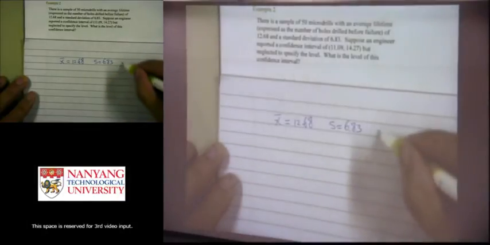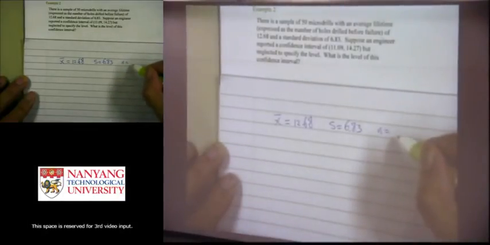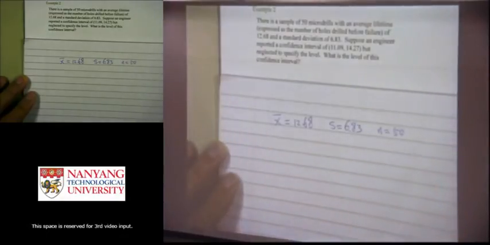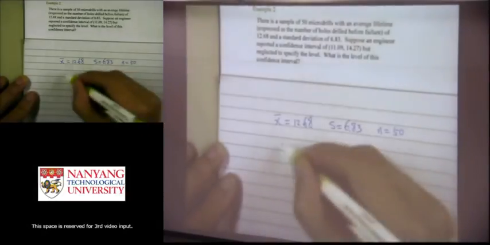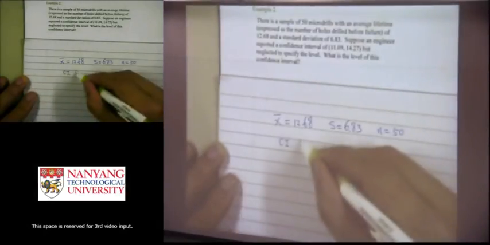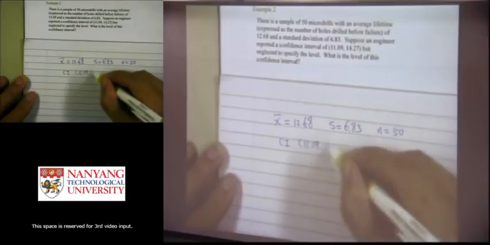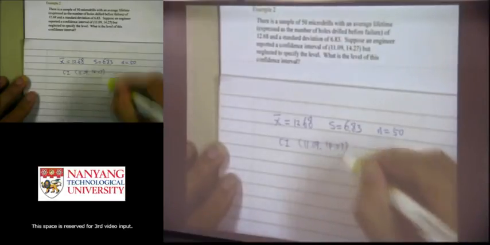And what's the sample size? 50, right? We also know that the confidence interval is from 11.09 to 14.27.